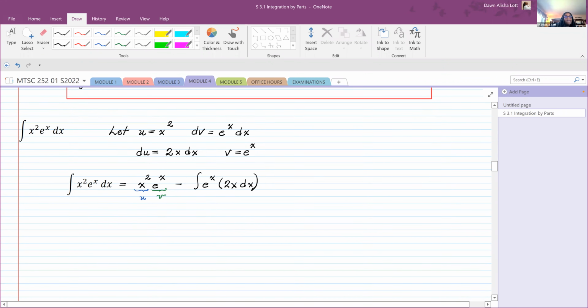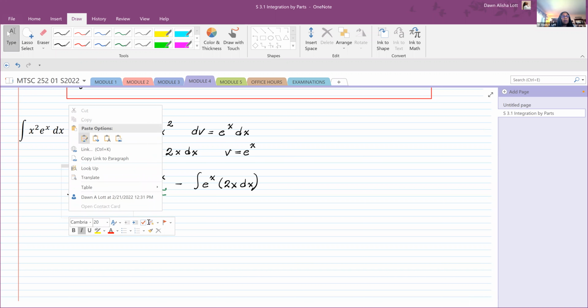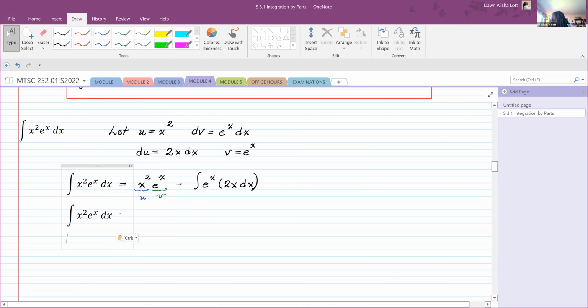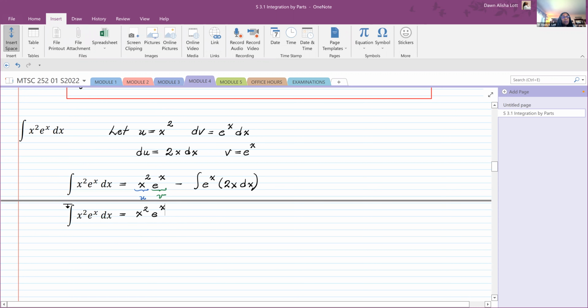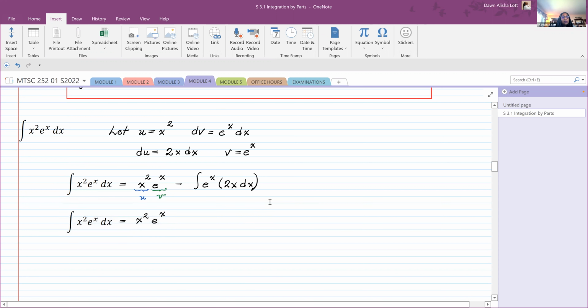All right, so far looking pretty good. So I get this integral is equal to x squared e to the x, and then I'm going to get minus 2 times the integral of x e to the x dx.